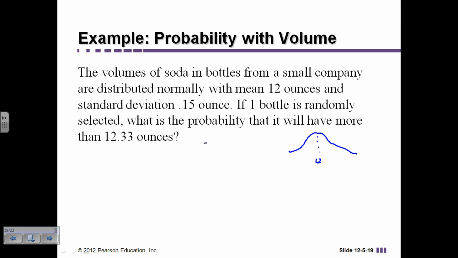So the first thing we need to do is find the z-score. So the z-score, remember, we calculate that by taking the number that we have, 12.33, subtract the average, and divide by the standard deviation. So our z-score in this case comes out to be, sorry, I had to find my notes, 2.2.